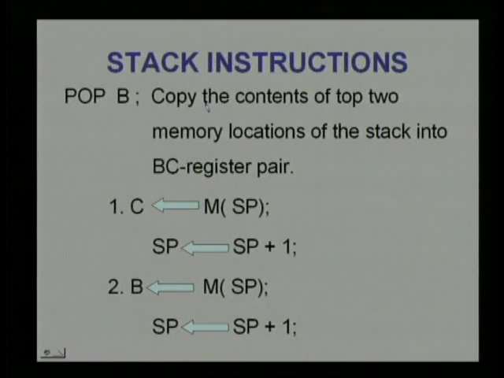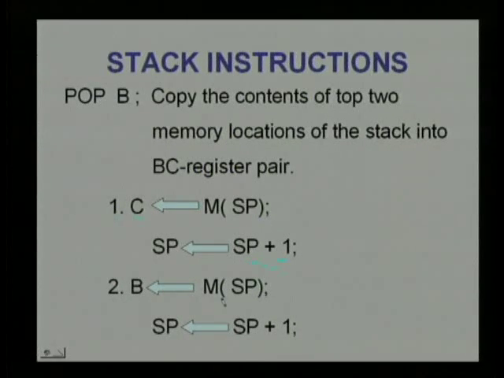This instruction copies the contents of top 2 memory locations of the stack into BC register pair. So this will be executed in 2 steps. In the first step, you can see the memory location contents addressed by stack pointer will be copied into lower order register, that is C. Then stack pointer gets incremented by 1.